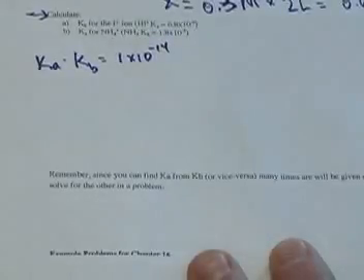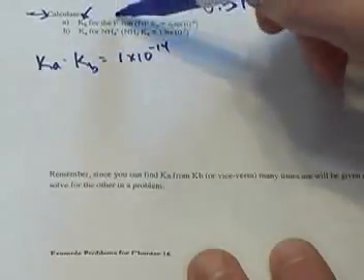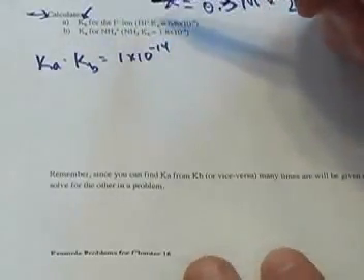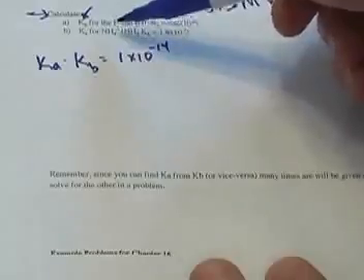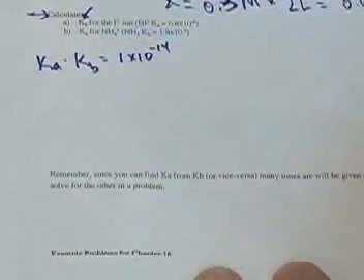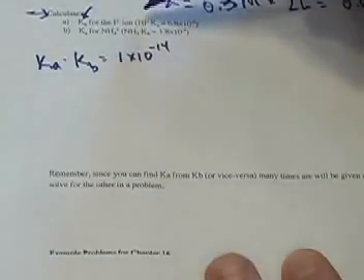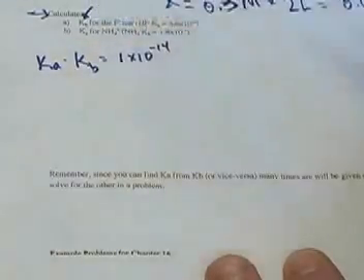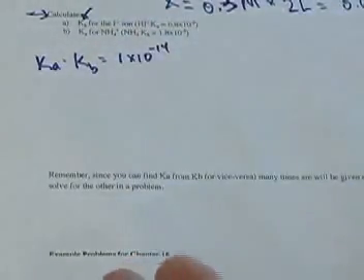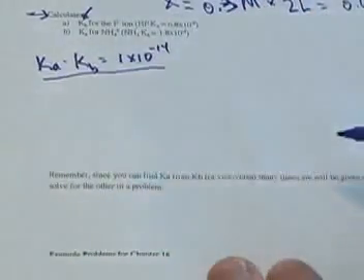Well, if we know the Kb for something like NH3, we could find the Ka for NH4 plus. Or conversely, if we know the Ka for something like HF, we could find the Kb for the F minus ion because they're related to each other.